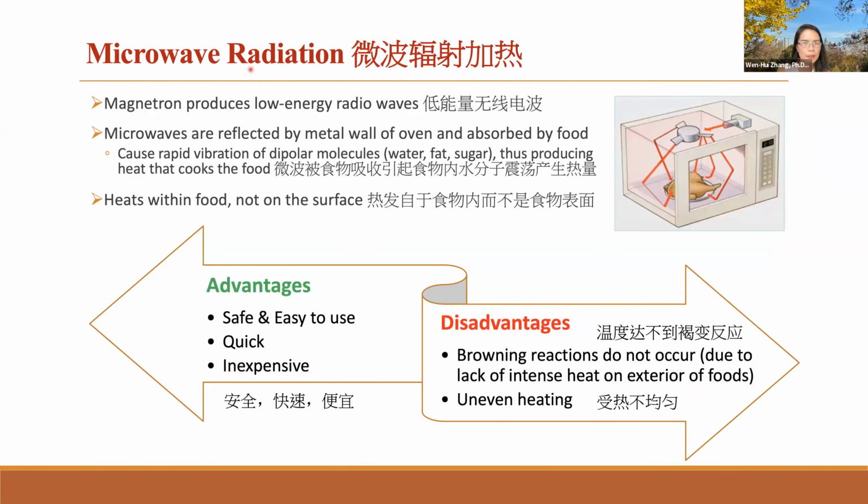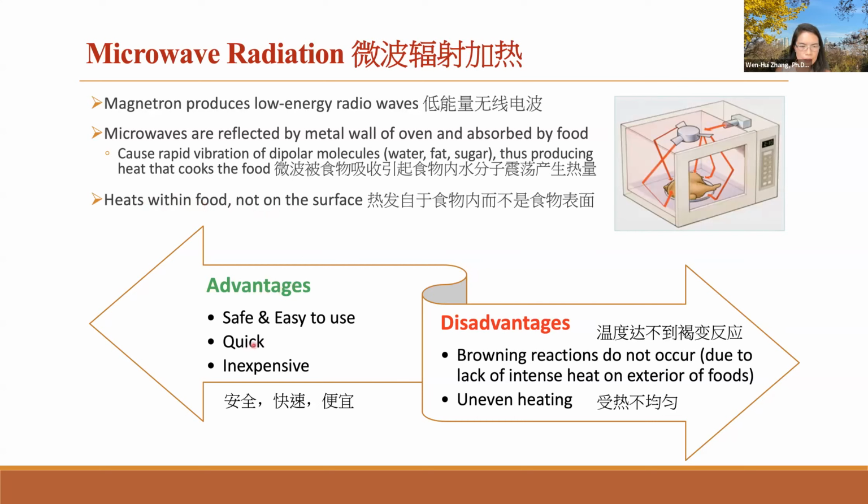Now, when we use microwave radiation, we use low energy radio waves. The microwaves are reflected by the metal wall of the microwave oven and absorbed by food. It causes rapid vibration of dipolar molecules like water, fat, and sugar, and produces heat that cooks the food. The heat comes from within the food, not on the surface.